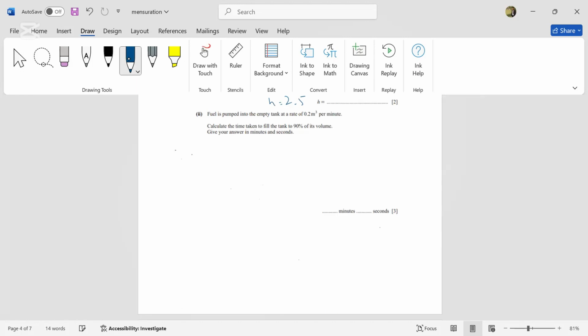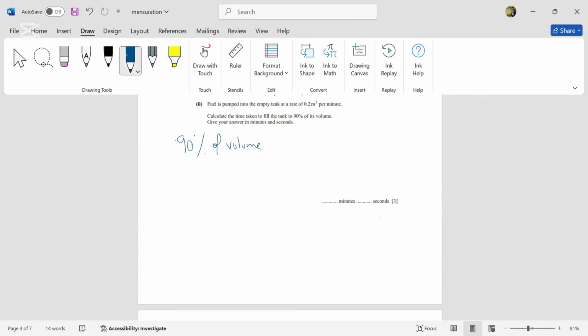Okay, the very first thing, it's given to us that 90% of its volume is required. So we are going to take 90% of volume. Our volume was 1.8. So let's take 90% of 1.8, it gives us 1.62. Okay, next let's move on to the formula.